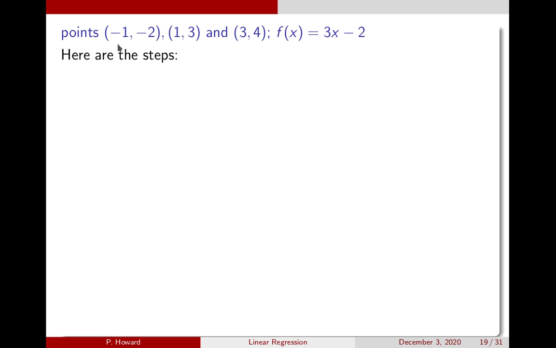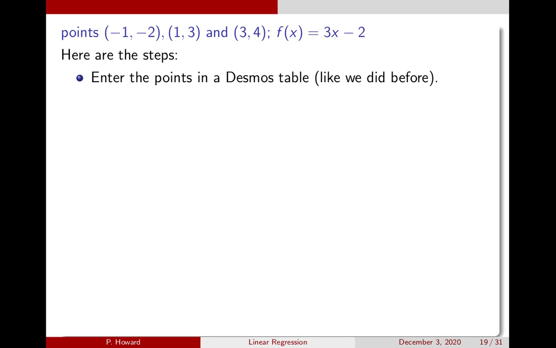So here on this next slide I've put the points and the formula for the function at the top of the screen, and now here are the steps. We'll see a screenshot shortly, but let's go through the steps first. Enter the points in a Desmos table, just like we did before. In the second calculation box, instead of entering y1 tilde mx1 plus b, use the value of m and the value of b from the linear function, 3x minus 2.